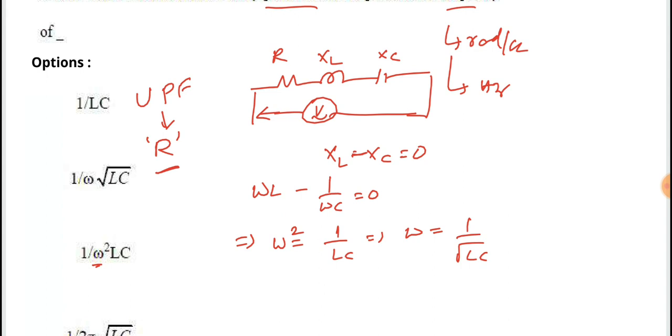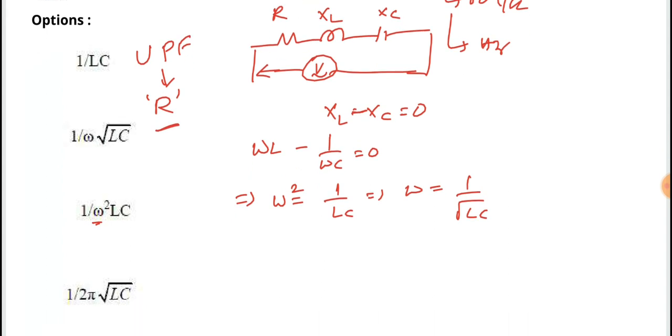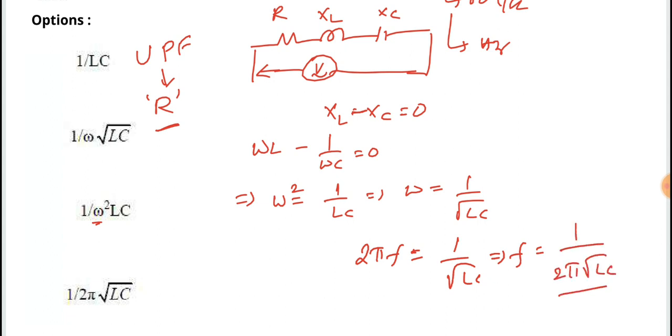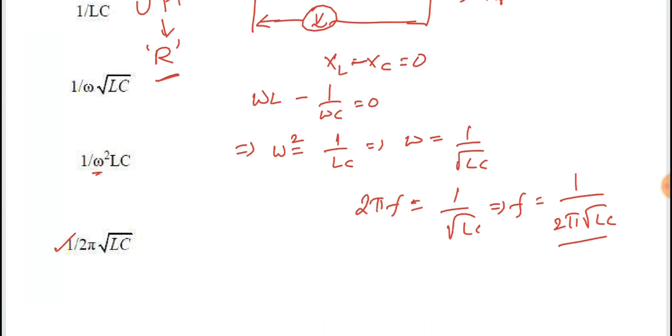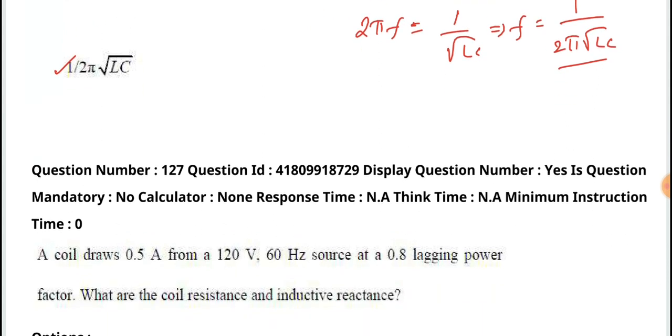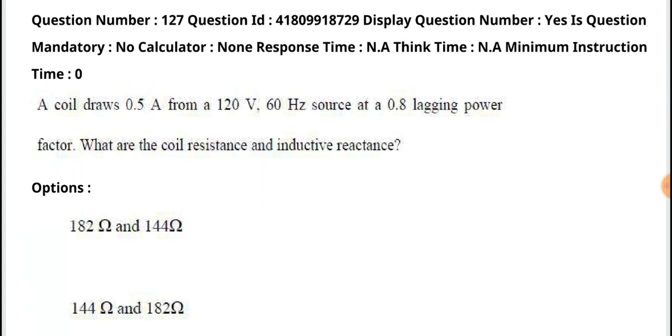So there is a point here. Omega is nothing but 2 pi f, which is equal to 1 by square root of LC. So from this, f is equal to 1 by 2 pi into square root of LC. So the answer will be 1 by 2 pi into square root of LC as the frequency here. At this particular frequency, the circuit behaves as a pure resistive circuit.